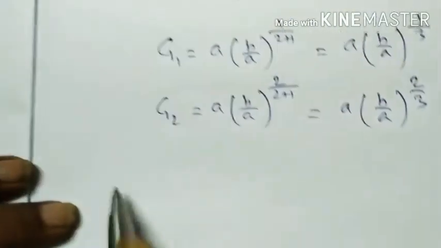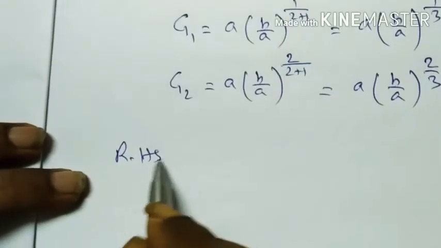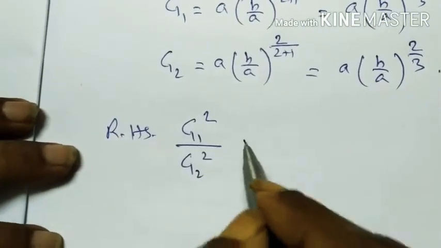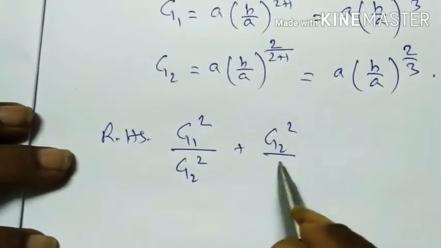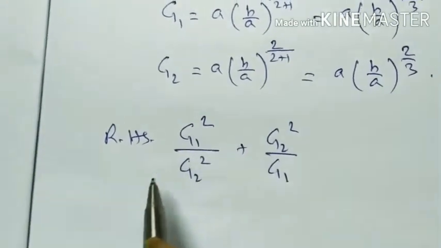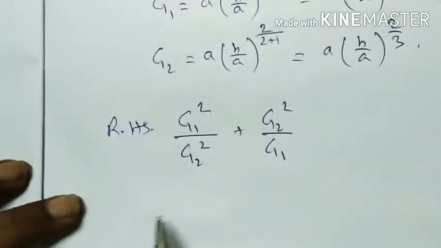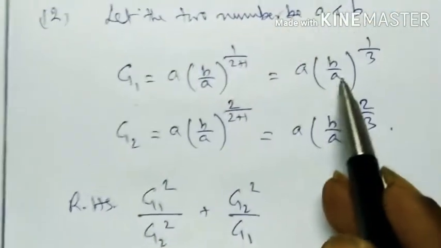Now I am going to take the right hand side. Right hand side, G1 square by G2 plus G2 square by G1. Now I'm going to put the values of G1 and G2 respectively. G1 is this one.